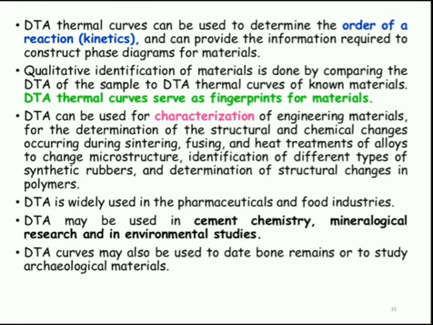So this is the instrumentation behind DTA, and we have also discussed the applications. The major applications of DTA are the identification of dyes and the determination of the melting point.